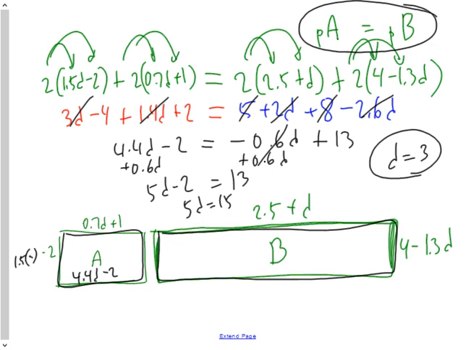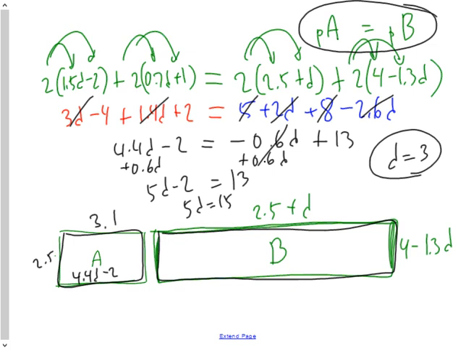And 1.5 times 3 is 4.5, and 4.5 minus 2 is 2.5. So this width, when I substitute the value of d, becomes 2.5. And with 0.7d, 0.7 multiplied by 3 is 2.1. 2.1 plus the constant of 1 makes this dimension 3.1.